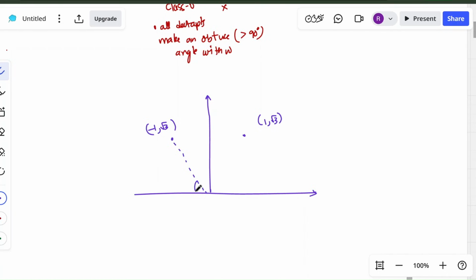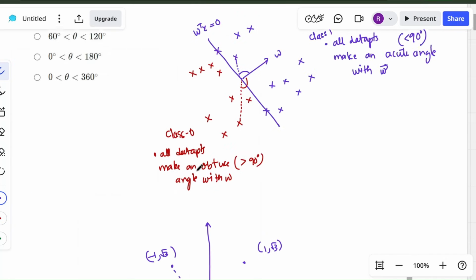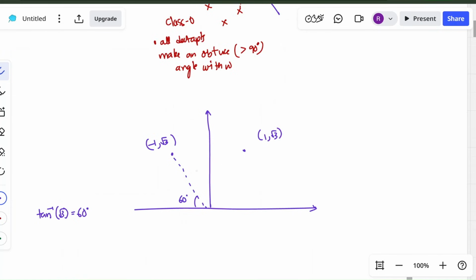And this angle would be, see, the tan inverse of under root 3 is 60 degree. So this has to be 60 degree. And similarly, this is also 60 degree.